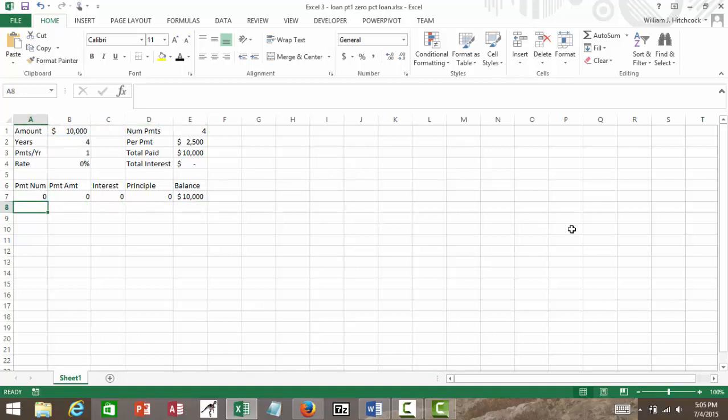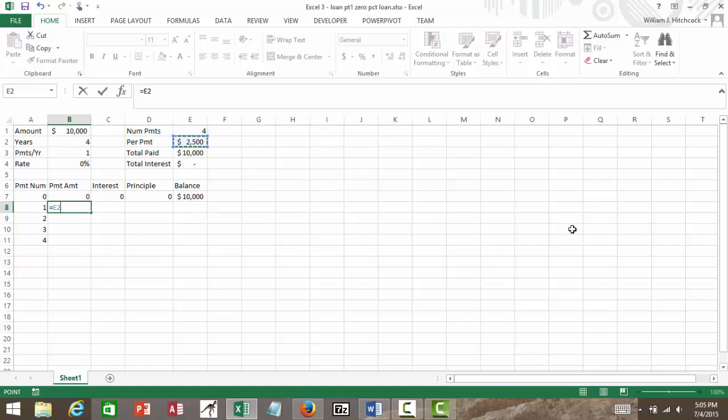Next, I'm going to make payment number 1. Now I could just type in a 1 here, but instead I want to reference the previous cell, payment 0, and add 1 to it. The reason I do that is that way if I copy my formula down, I get the next 4 payments. The payment amount in this case is going to equal $2,500.